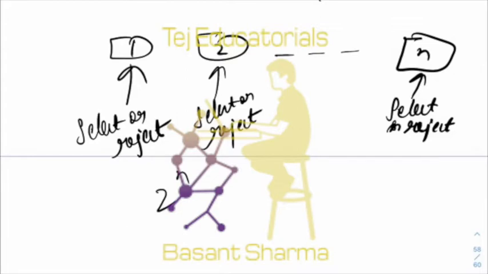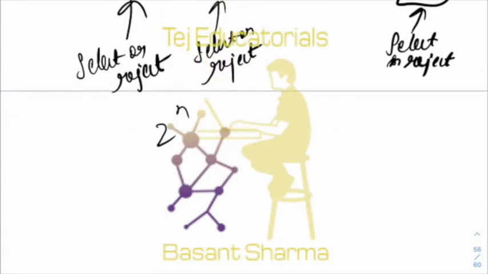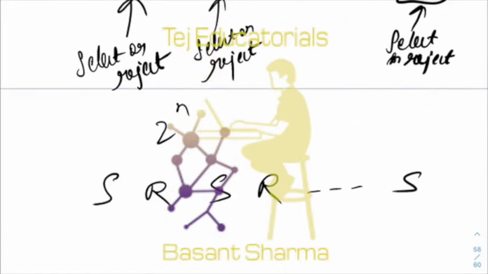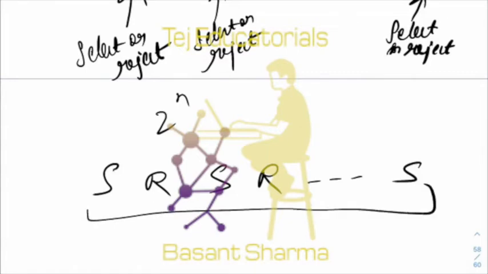Now corresponding to every sequence of select or reject, you get a choice of the number of objects that you have chosen. For example, if I select the first object, reject the second, select the third, reject the fourth, and so on, and let's say the last object I select, then this is one sequence, right? And this sequence tells me that I have selected object 1, object 3, so on, and object n.